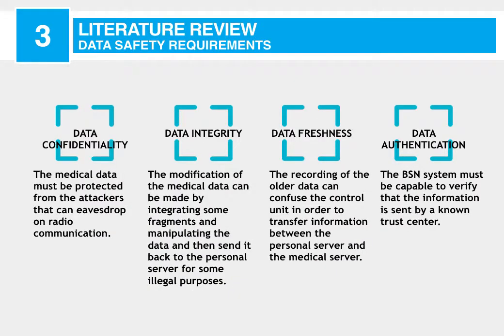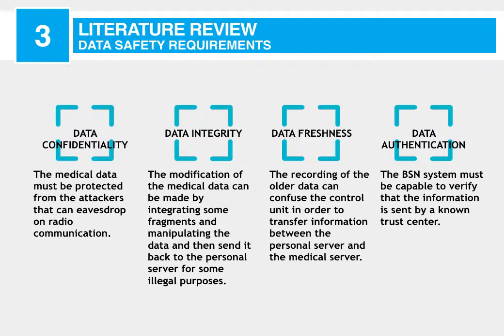Literature review. In the literature review, various research papers have been reviewed. Before starting to propose a method to improve the security of the BAN system, we first need to know about the major security and privacy requirements of the BAN system. The first is data confidentiality. Patient sensitive information needs to be confidential.